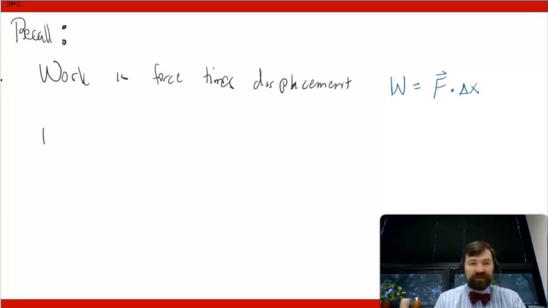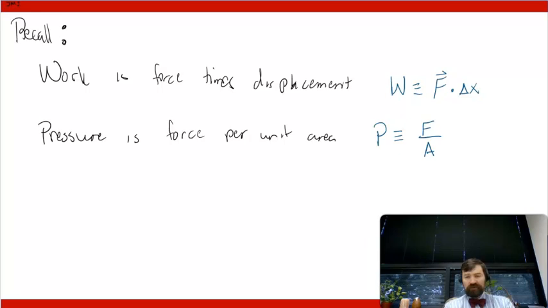Furthermore, we know that pressure is defined as essentially average force per unit area. Finally, we know that we can define a volume as an area times a distance. So these are the three background pieces of information.